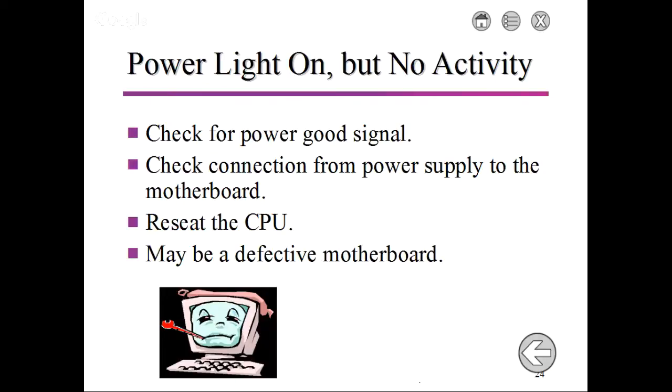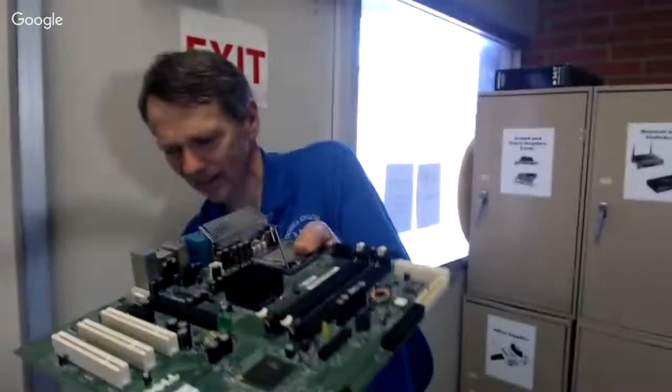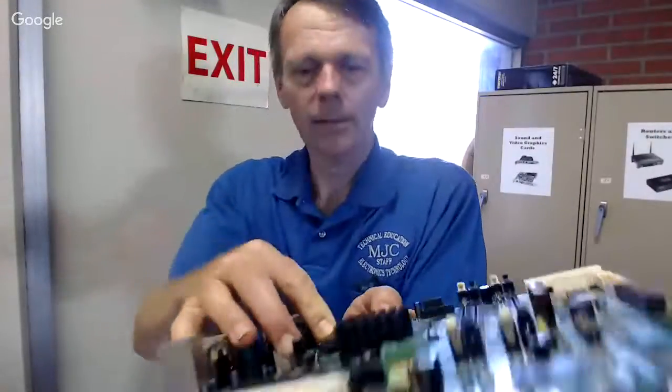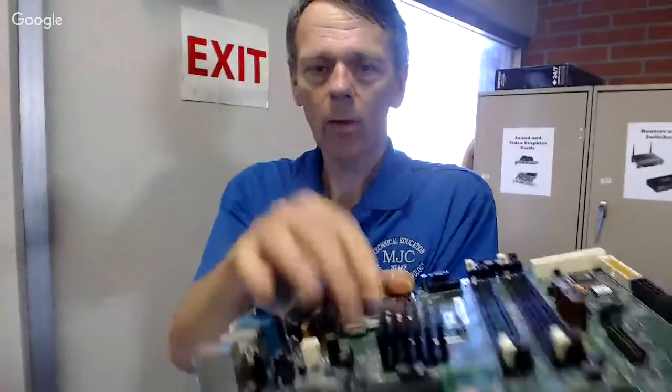And then, of course, you have the lid you have to close. There's a little arm on the side. That arm, you have to go like that, and that holds the CPU down after the CPU is in the proper location.